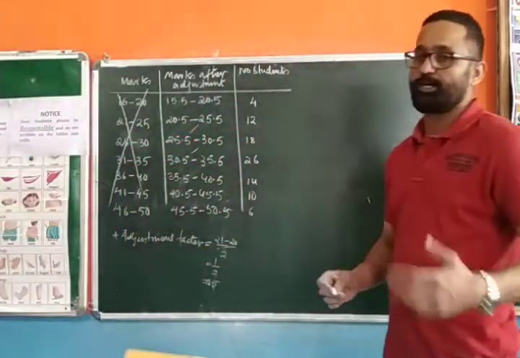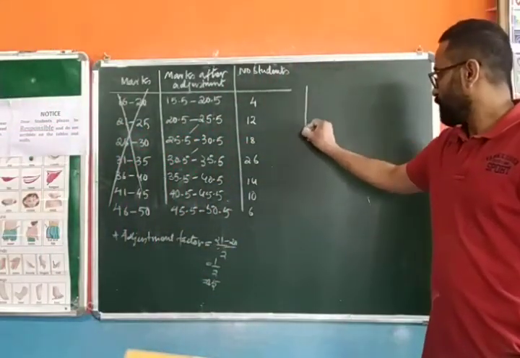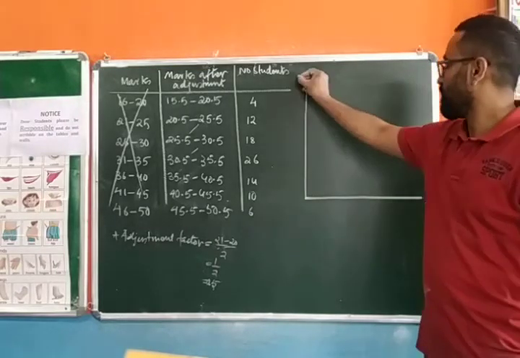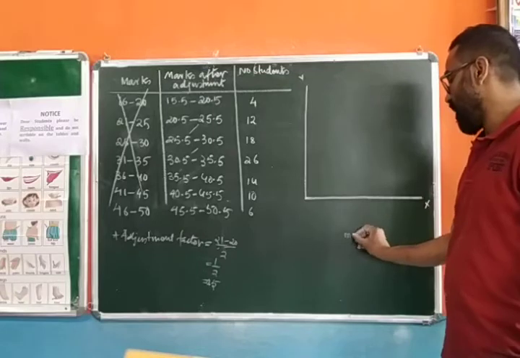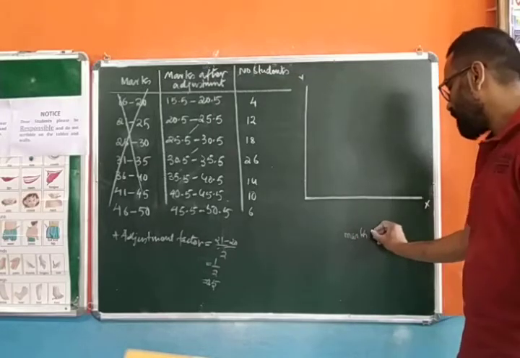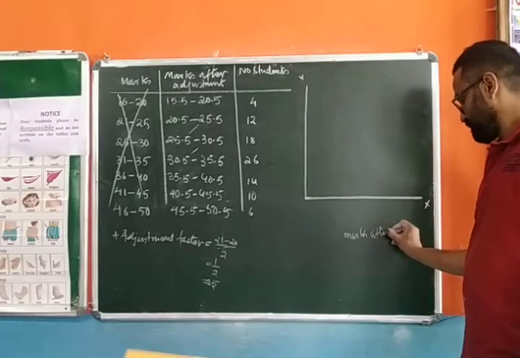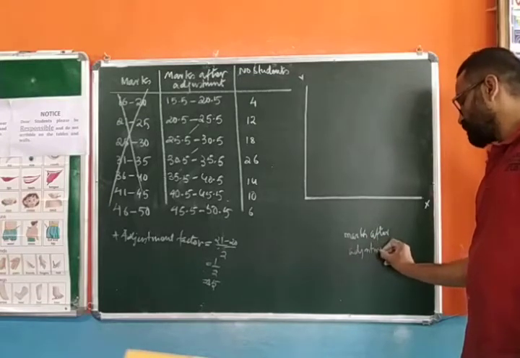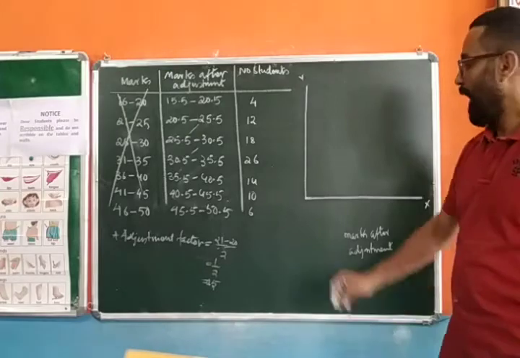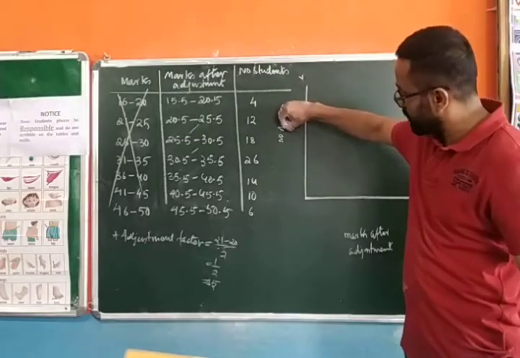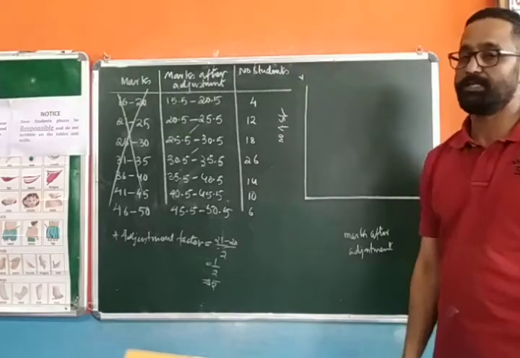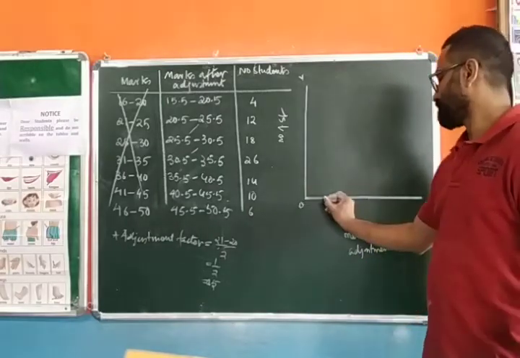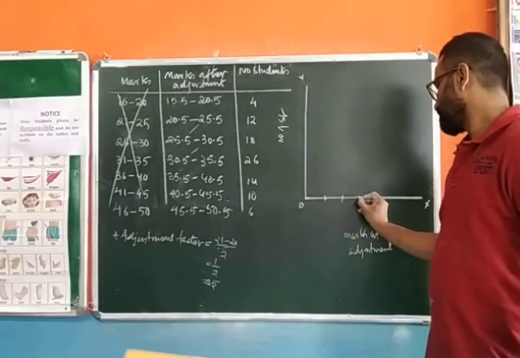Again you have to use graph, vertical line, x-axis, y-axis. You plot your marks after adjustment on the x-axis, and the number of students we plot here on the y-axis. Origin 0, 2 centimeter, mark it.